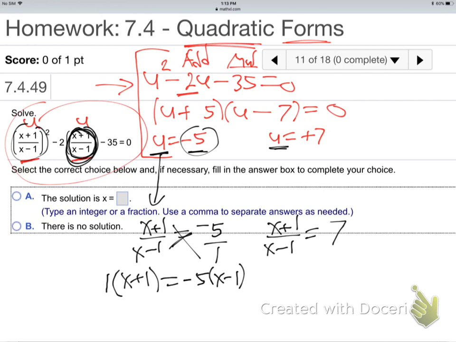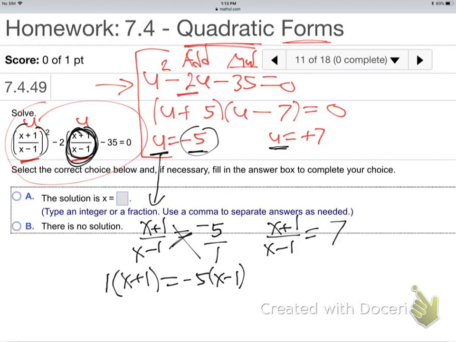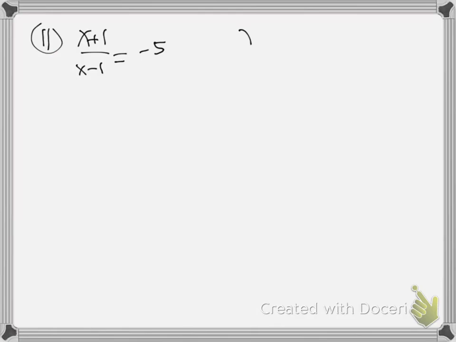I think I'm going to go to a fresh screen here. This is the end of number 11. So put these over 1, cross multiply, and solve.